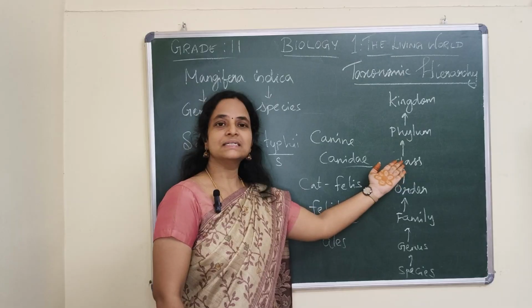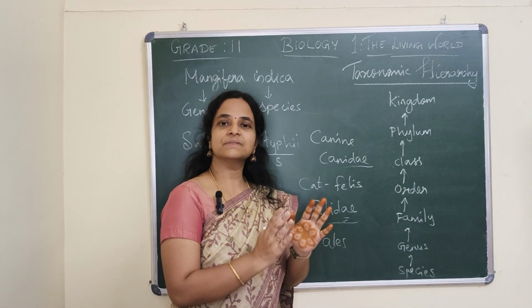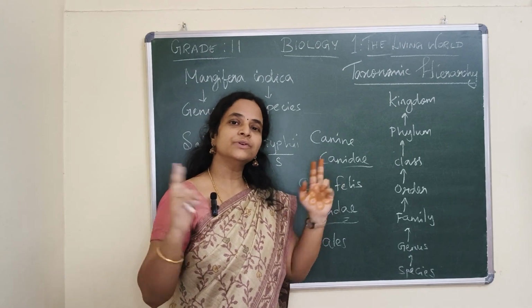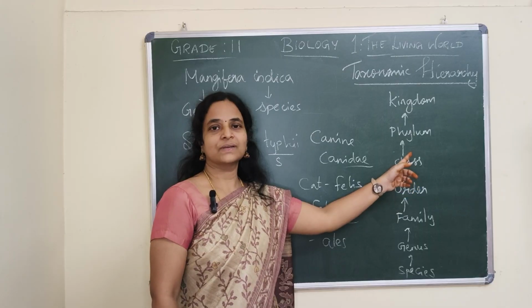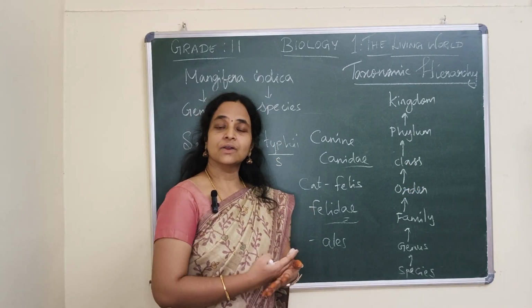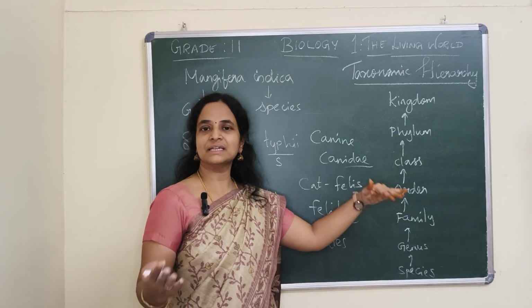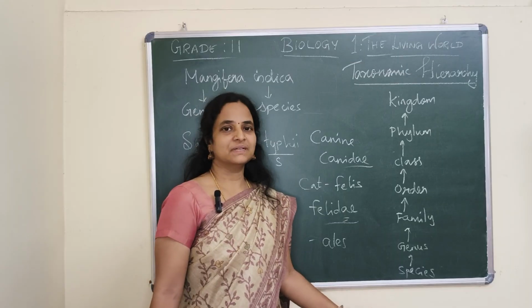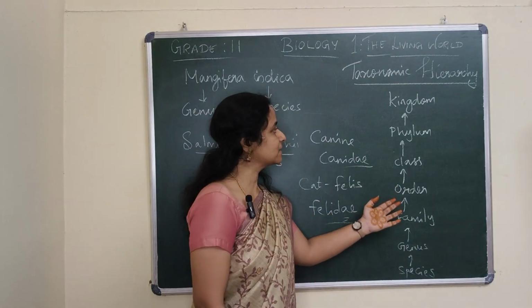So class is something like a single living organism can come under two different varieties. That will be included under class. Say for example, monkey and gorilla come under Primata. They can also come under Mammalia. You will read everything in the upcoming chapters in detail, so you will understand. I'm just telling you the base of the hierarchy.